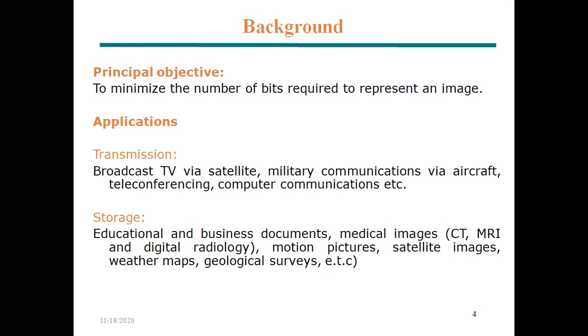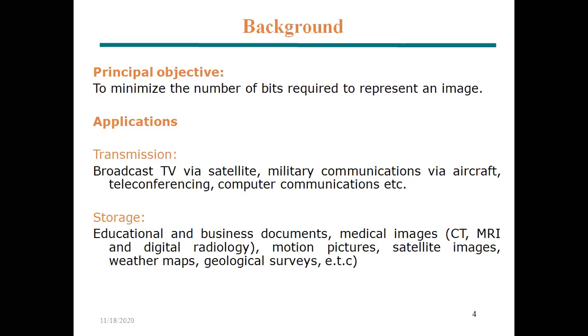If you use 8 bits to code the gray levels, you will have a gray level variation from 0 to 255. That means 0 corresponds to black and 255 corresponds to white. So the aim of image compression is to reduce the number of bits required to represent any image.